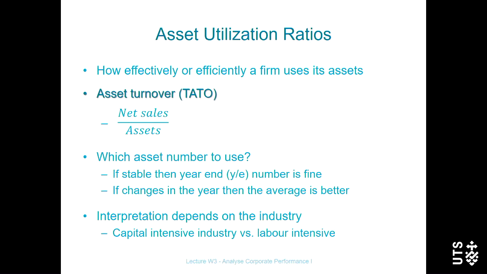If they're not stable, you may need to use an average. If there's a fluctuation of 20% in your total assets between last year and this year, you're better off using an average than using the end of the financial year number. And as I said before, this will largely depend on how capital or labor intensive the industry is.